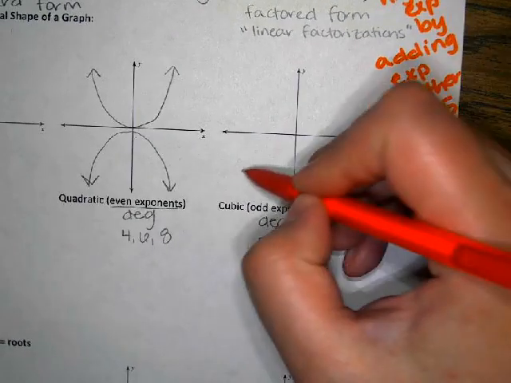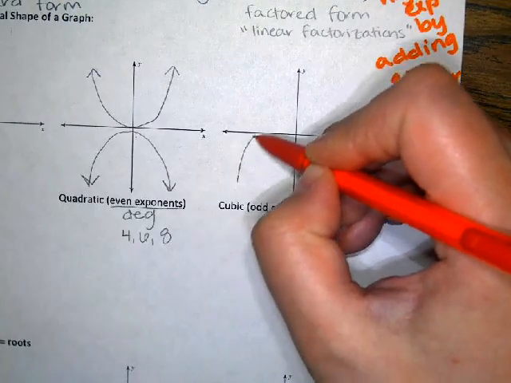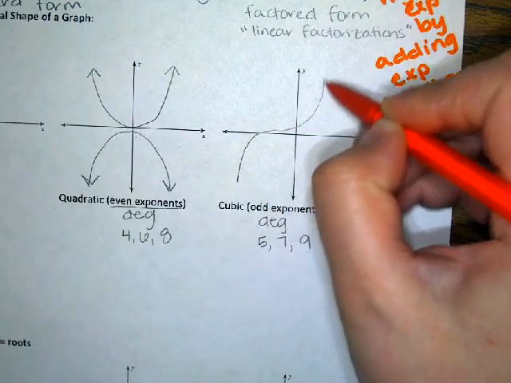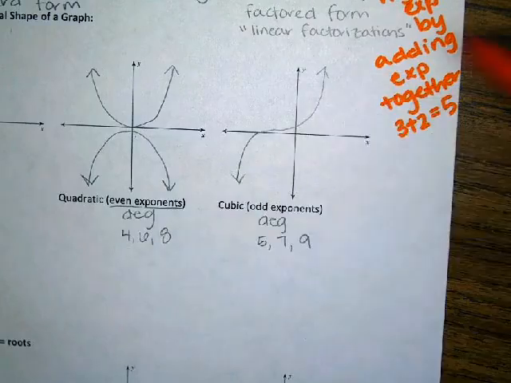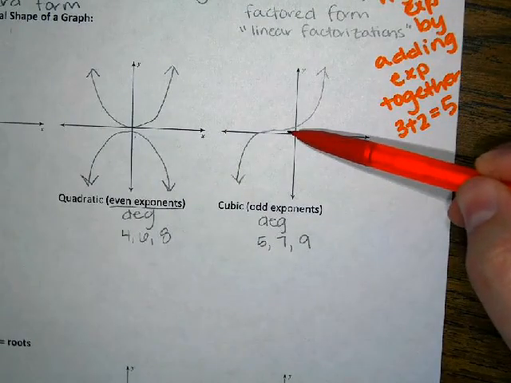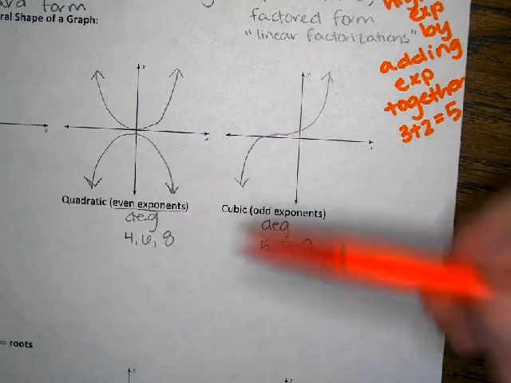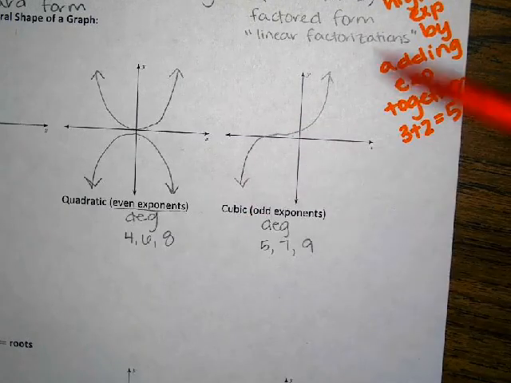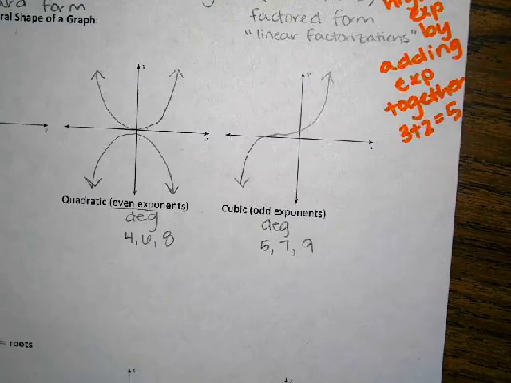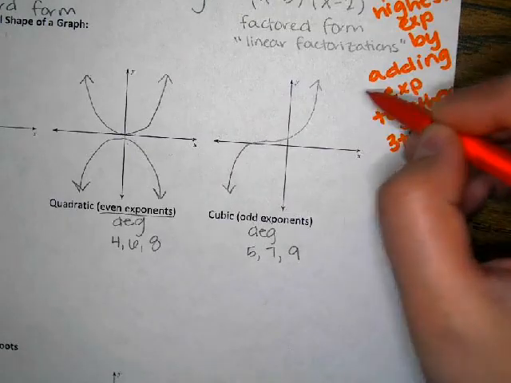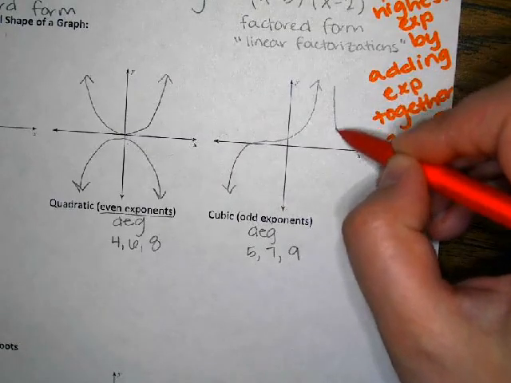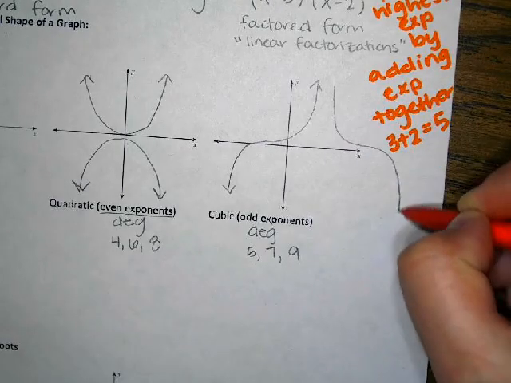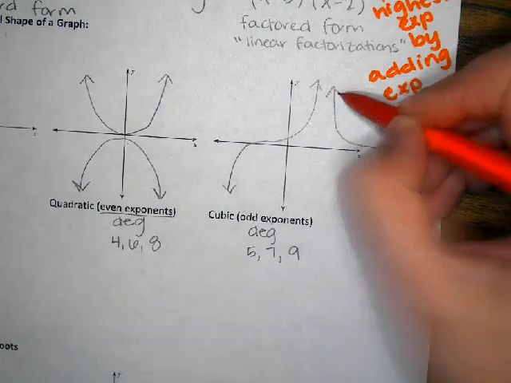So that means we're going to end up with a shape that overall does this. It could have some squiggles in the middle, but if we were to zoom out, we're overall going to see this shape. Or it might end up looking something like this. If it had a negative in the front, it would go the opposite way.